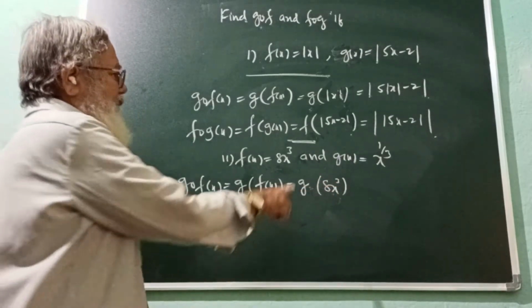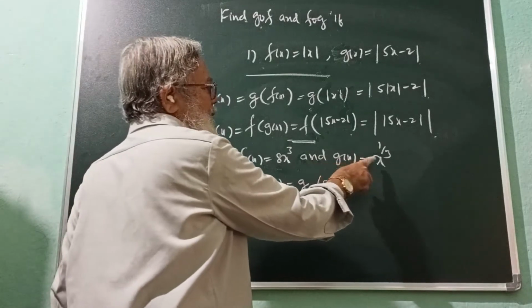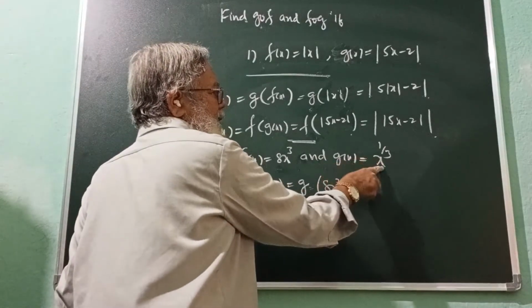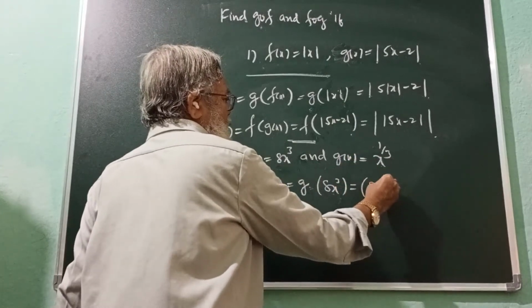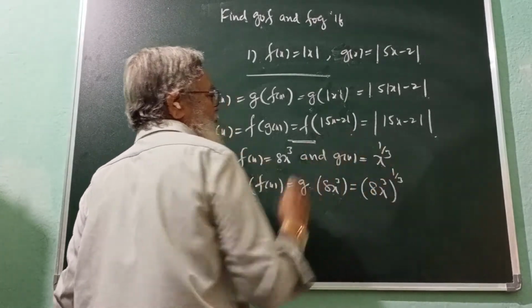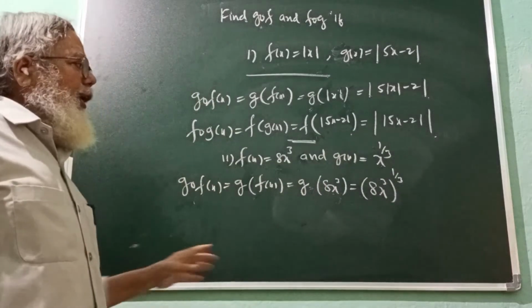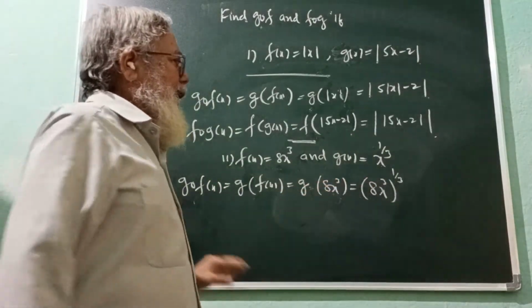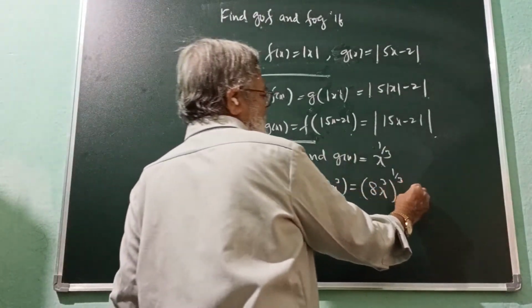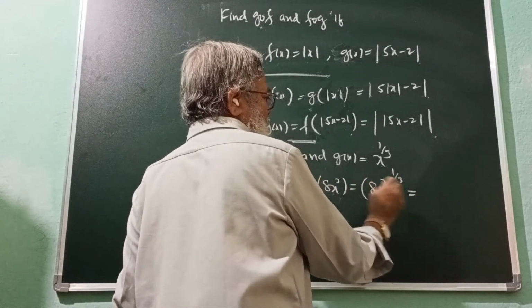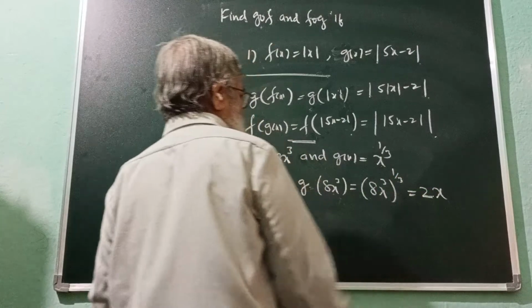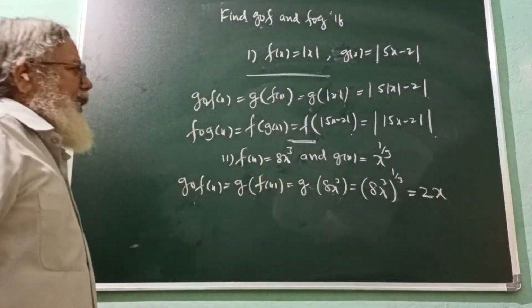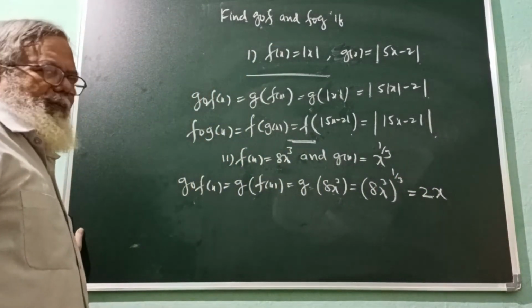If x is there, then it should be taken this quantity raised to 1 by 3. That means here 8x cube raised to 1 by 3. You know 8 means 2 cube and x cube is already there. If you take 2 cube, 3 cancels with 3, you get 2 here. The x cancels with the 3, that is 2x is the value of g composition f.